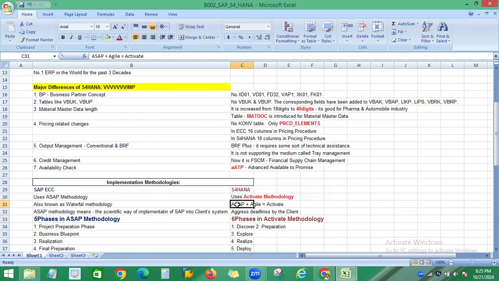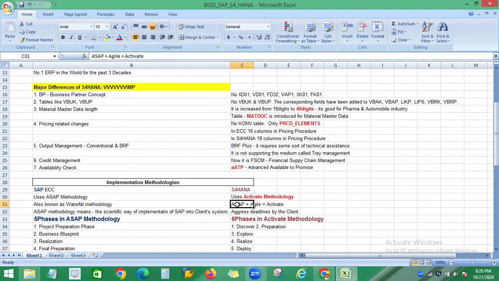So we split up the work. In the Activate methodology, we divide the project, and once one milestone is completed, we check whether that milestone is working properly and whether the activities were completed as expected. If anything is wrong, we can immediately get to know that something is wrong in step one.